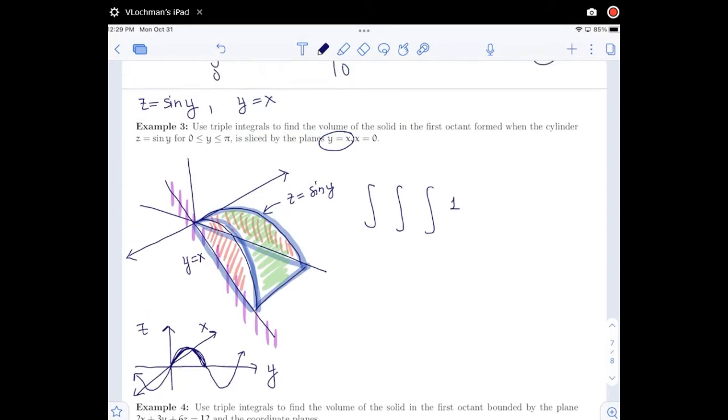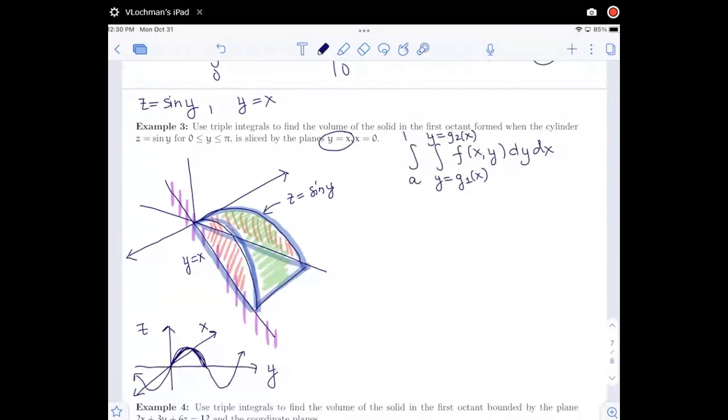Let me remind you, for a double integral, what did we do? Let me do a quick reminder here. For a double integral, we had, let's say, f of x, y, and if we went in the y direction first, then we would say, what is our y? Some curve in terms of x, and then the other one is also in terms of x, but maybe a different curve. And then for x, we had limits, let's say from a to b.